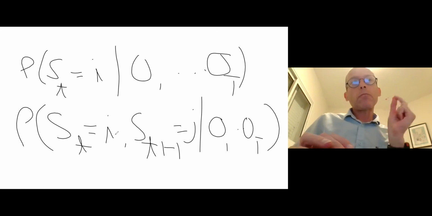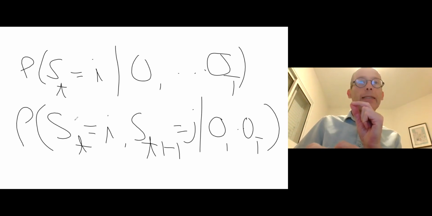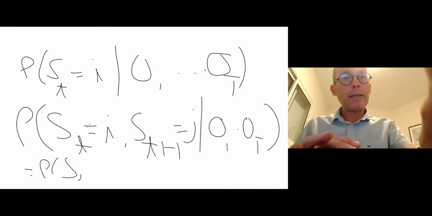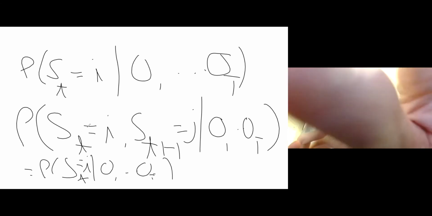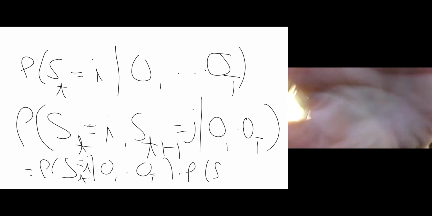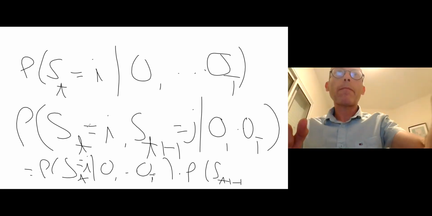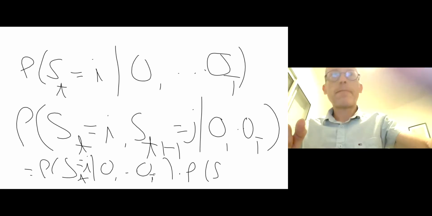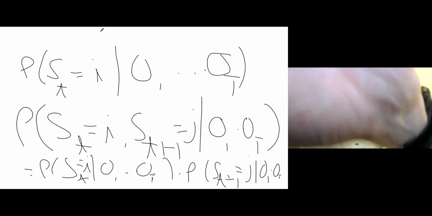I'm going to show you how to derive this, but you have to realize that this is not the same as P of S_t equals i conditioned on O_1 to O_T, times P of the next state conditioned on the same observations.